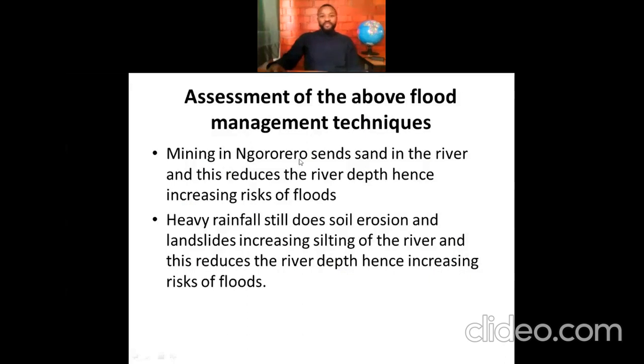So it reduces the depth and increases the risks of floods. Heavy rainfall still does erosion and causes landslides. So those increase silting the river channel, and as well increasing the discharge of the river.